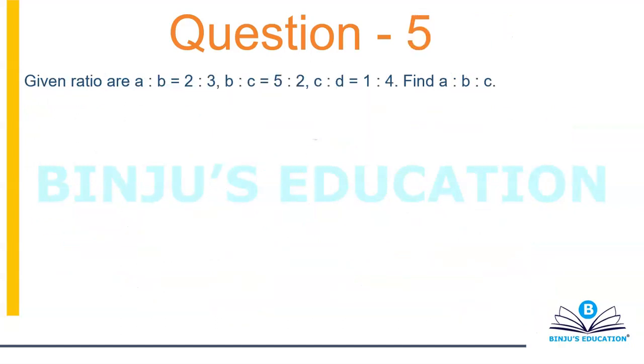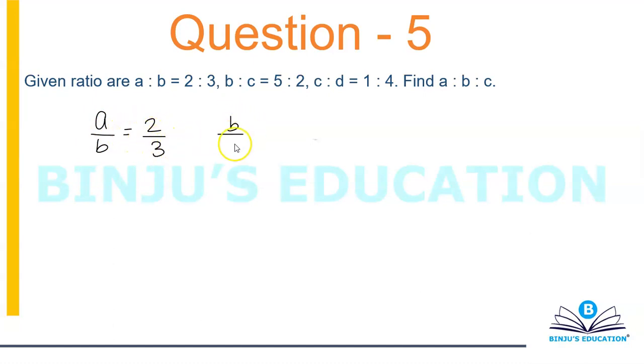Pause the video and try this question yourself first, please. All right, let's give this one a try. So what do we have? I have a by b is equal to 2/3.